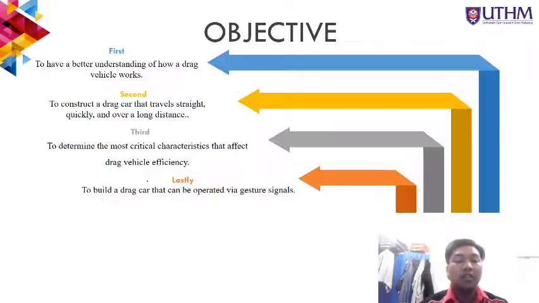We need to understand the material, the wheel, and how to make the car accelerate. Lastly, to build a drag car that can operate via gesture signal, which means we can make the car accelerate by using the gesture signal.